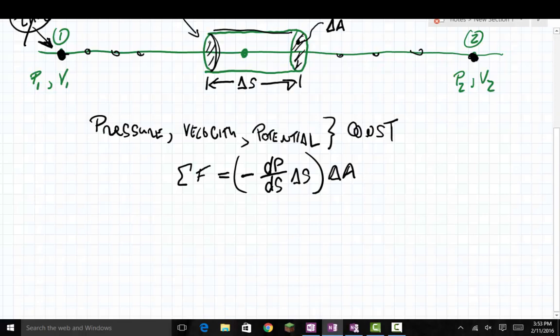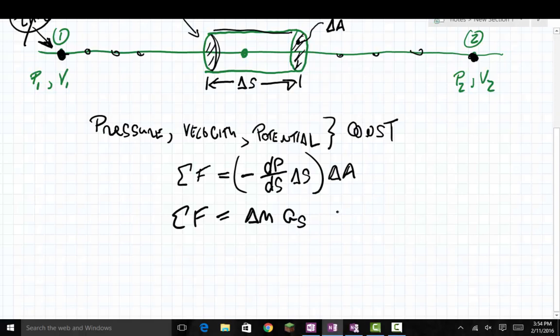And then we said, well, Newton's second law says that the sum of the forces has to equal the mass of the particle, or the mass of anything, times its acceleration. So in this case, we have not a full mass, but a differential mass, and the acceleration is the acceleration of the fluid along a streamline.